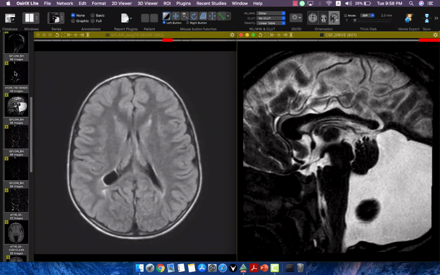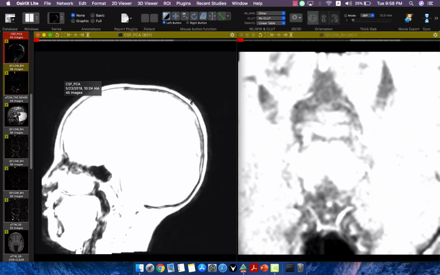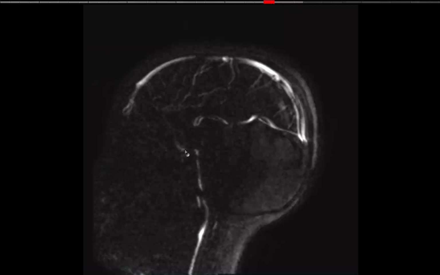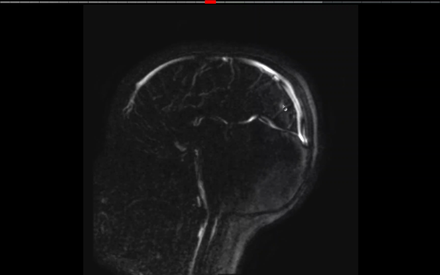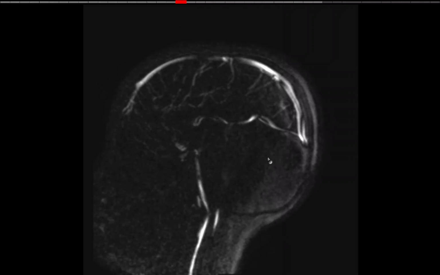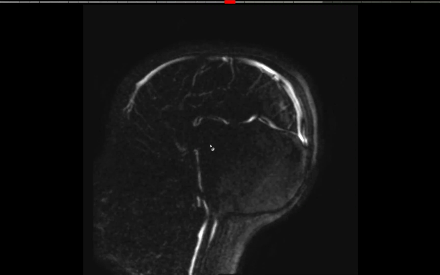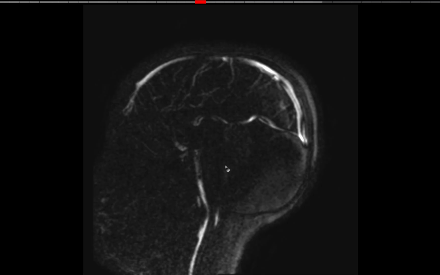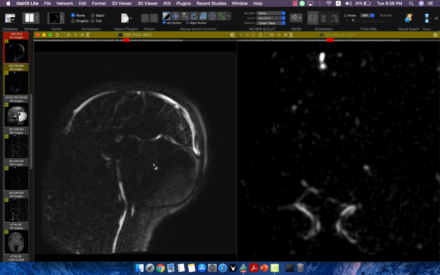We can see that there is absence of the CSF flow along the aqueduct of Sylvius. This means that there is an obstruction of the CSF flow at the aqueduct of Sylvius, and it confirms the diagnosis of aqueductal stenosis.